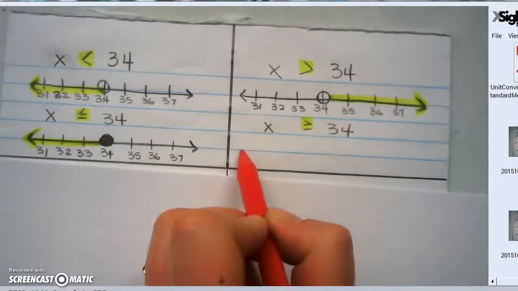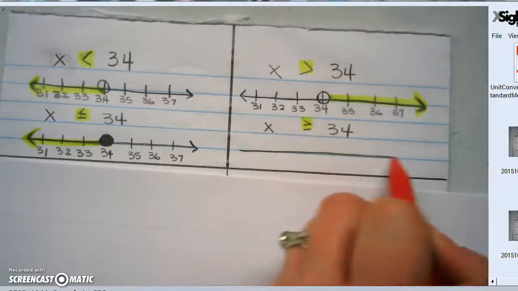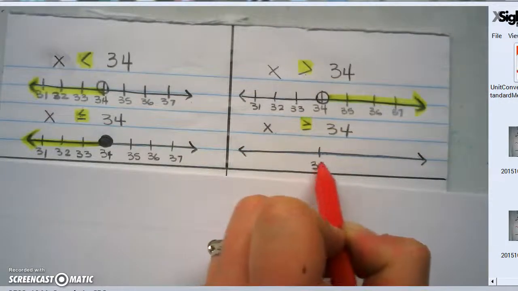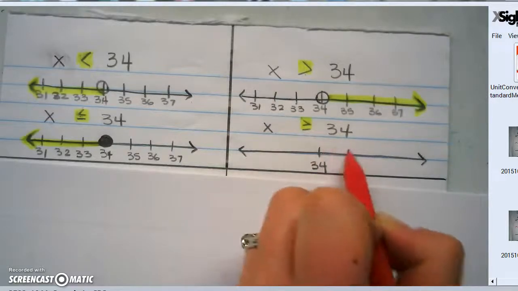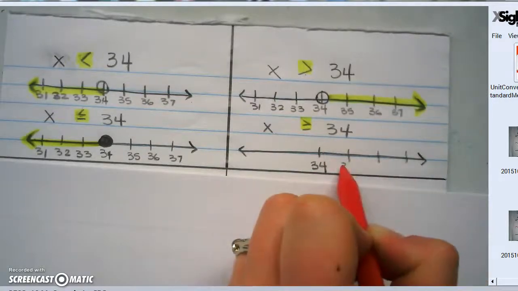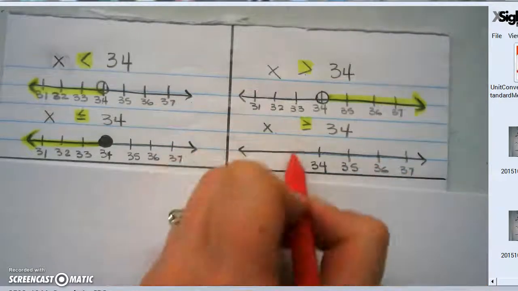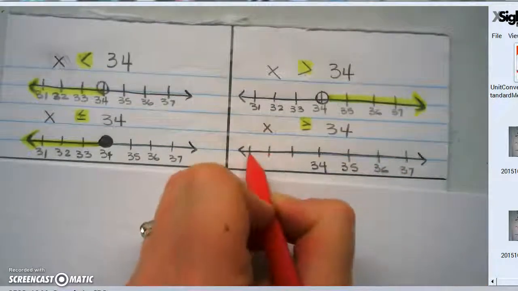Now let's take a look at graphing greater than or equal to. Again, we'll start with a number line. We're going to put 34 in the middle, 35, 36, 37. And then we'll go backwards to 33, 32, and 31.